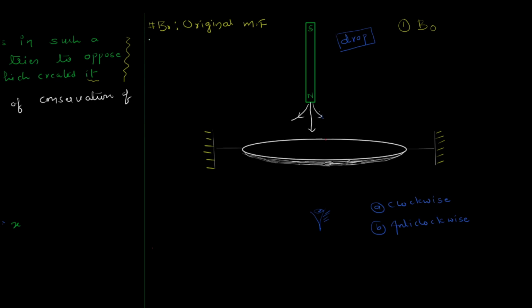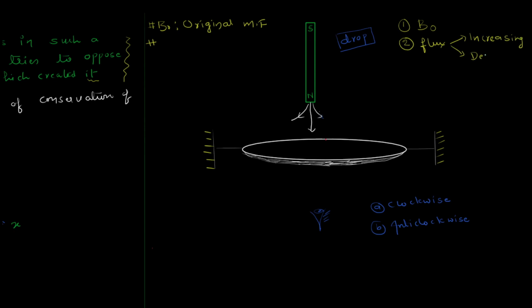Alright. The second step, in order to identify the direction of induced current, is to find whether the magnetic flux, which is coming as a result of the original magnetic field, is increasing or decreasing.